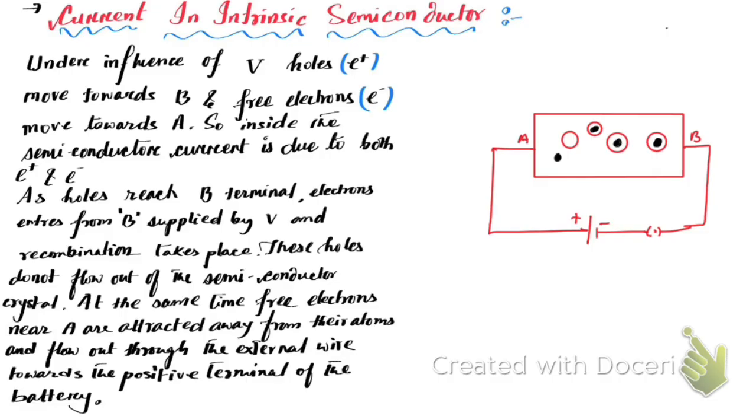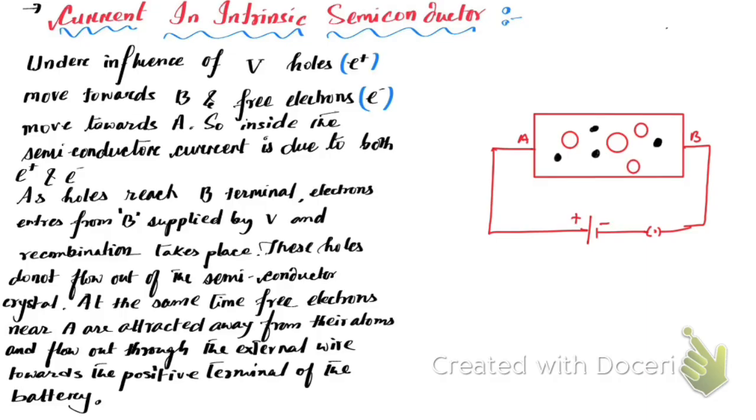So here you see a few electrons jump to the conduction band, and they leave behind holes like this. Hope you have understood this. Now these black dots are, suppose, free electrons, and holes will be created.